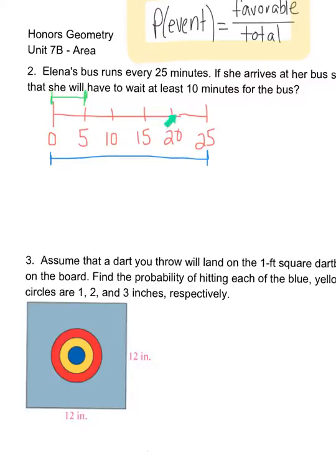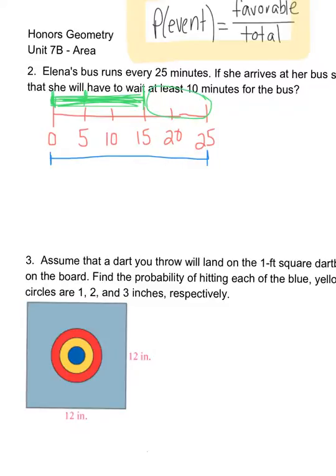So she waits at least 10 minutes all the way from 0 up until the 15-minute mark. Let me add that here: from 0 all the way up to 15 minutes. This green part I'm showing as a length, and the part I'm leaving off over here is where she would not wait at least 10 minutes for the bus.